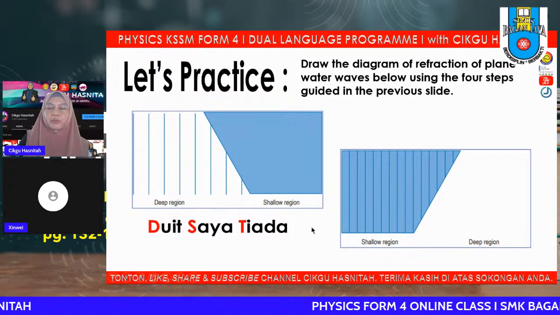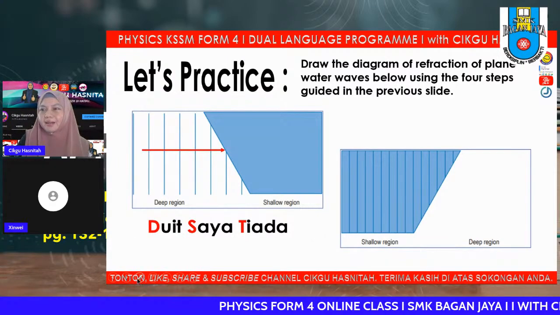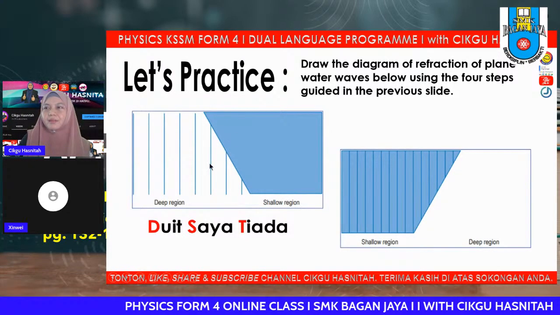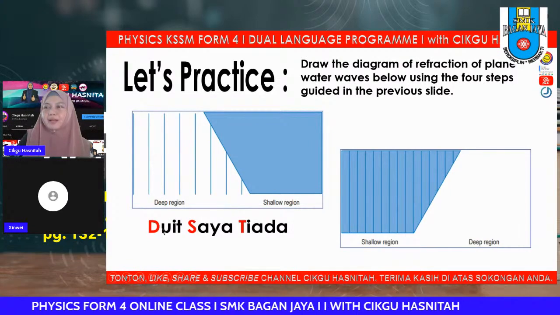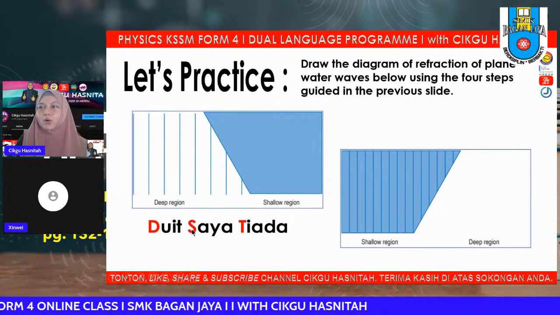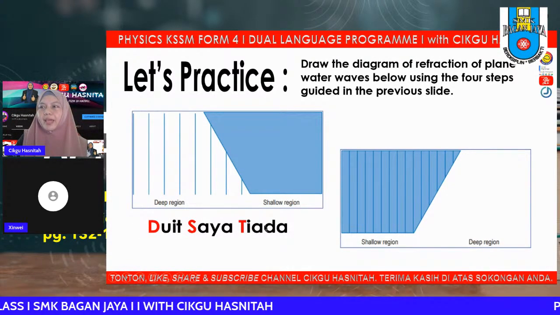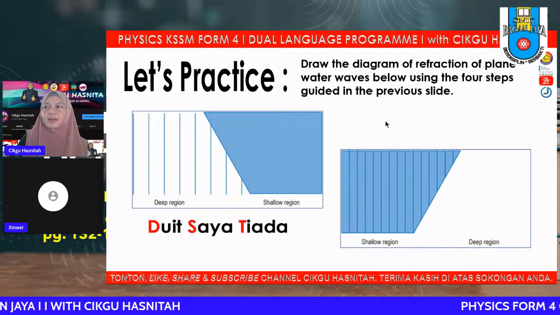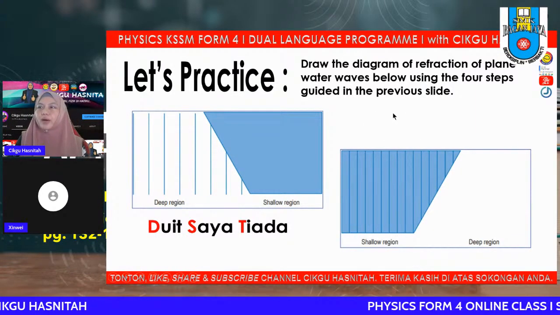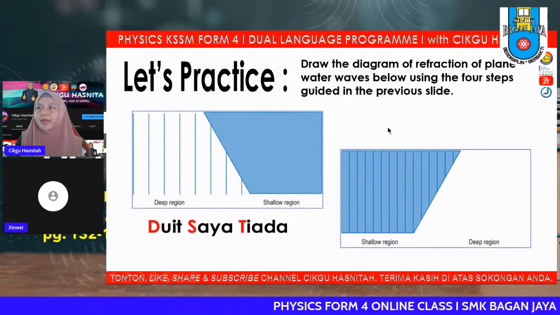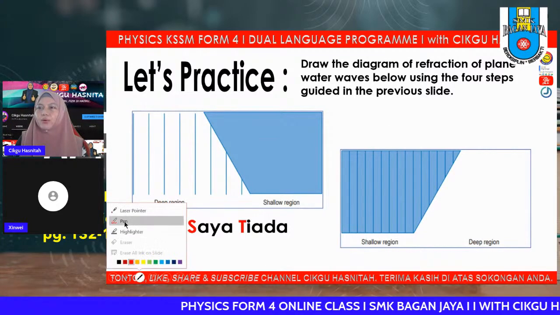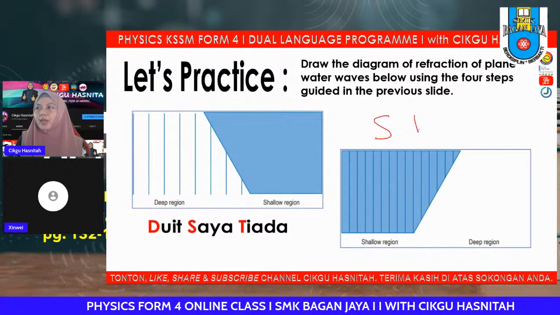So to help you, I use this formula. This one you can use this formula DST, deep shallow wave propagate towards normal. Okay, and this one you can use the other one, SDA, shallow deep away.